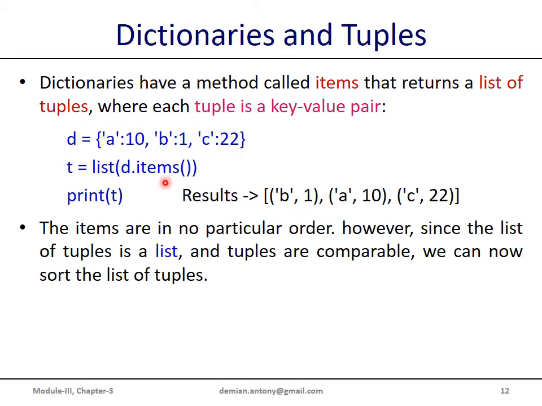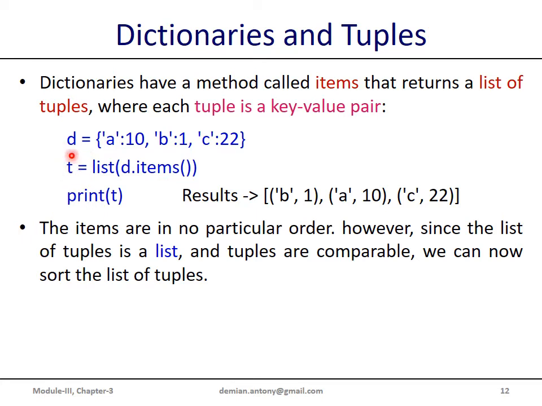Now I use the items method associated with the dictionary. The statement list of d dot items creates a list of tuples where each tuple represents a key value pair. The first element in a tuple is a key, the second element is a value.